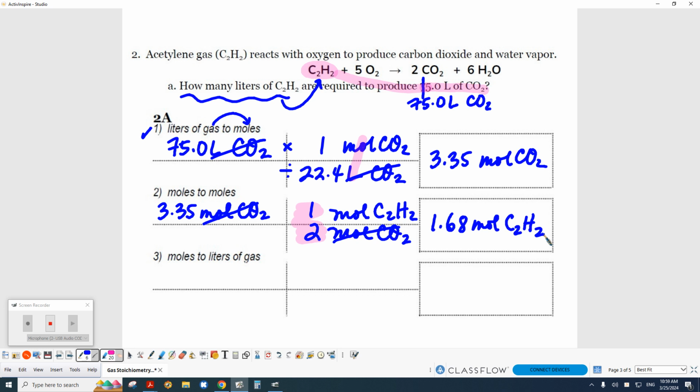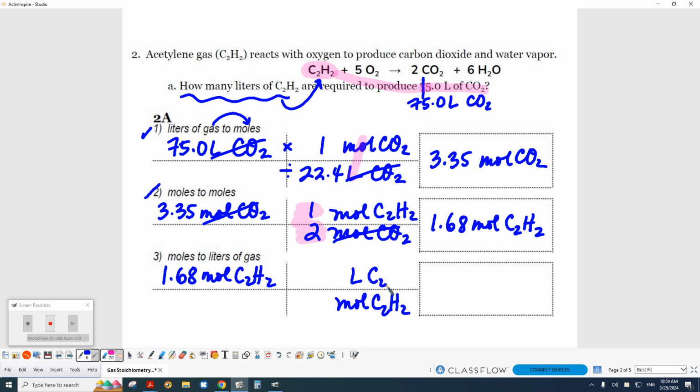Step 2 completed. And now we're going to use that answer, the moles of what we're looking for, 1.68 moles of C2H2. And we're going to put those units on the bottom of this final conversion so that we can cancel those units out. And we're going to put liters, because we're trying to find the liters.